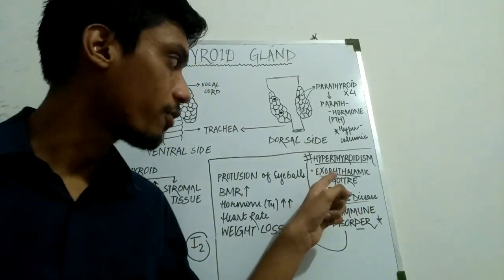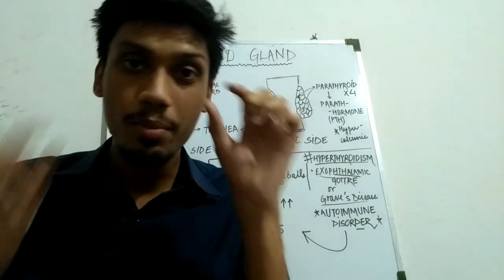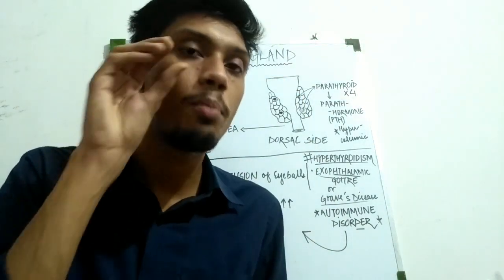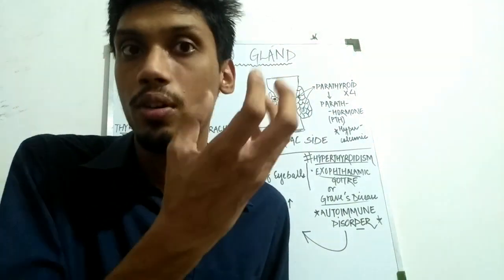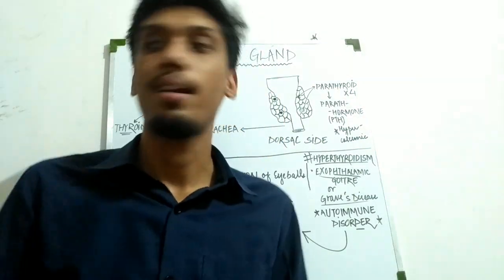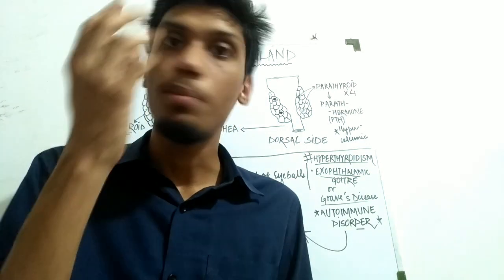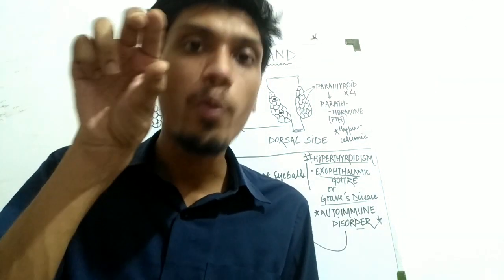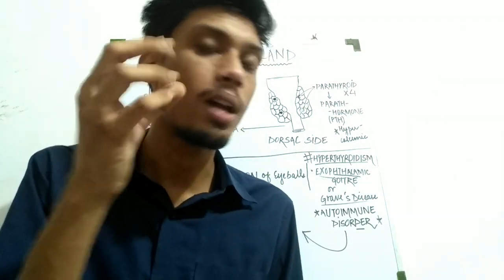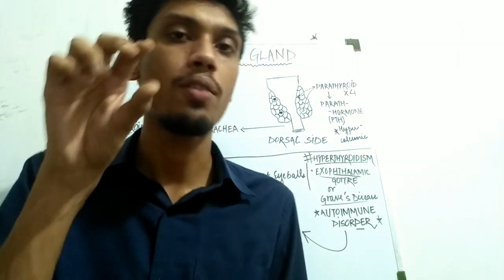That's why it's exophthalmia, meaning protrusion of the eyeballs. You feel like the eyeballs are coming out of your eyes. Not like in scary movies, but still you can feel that the eyeball is protruding. Protruding means moving a little bit out of the socket.